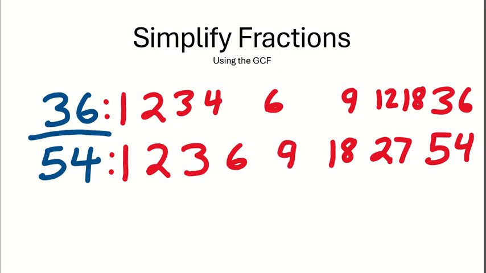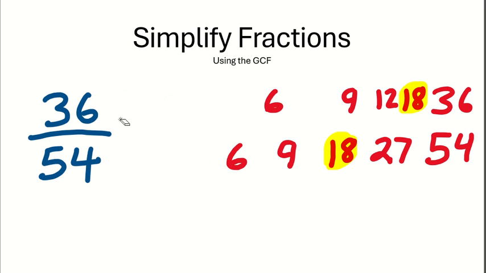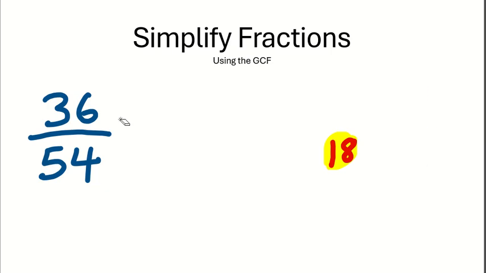So what is the greatest common factor? Well, if we look at this, we can see that the biggest number that appears on both lists is going to be 18. 18 is the greatest common factor. So let's go ahead and clean this up, and let's do our division. 36 divided by 18 is 2.